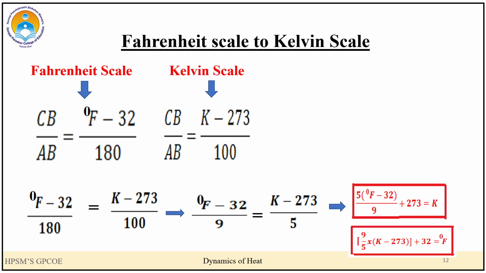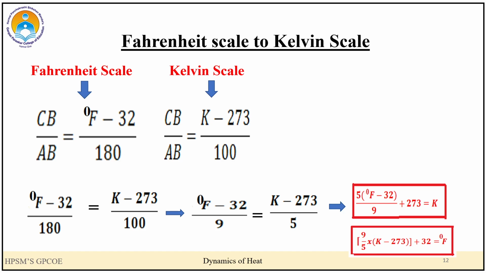Now in the third case, how to convert the Fahrenheit scale to the Kelvin scale? Again, the Fahrenheit scale is given by this formula, CB by AB equals degrees Fahrenheit minus 32 divided by 180. In the Kelvin scale, CB by AB equals K minus 273 divided by 100. When the left hand sides of both scales are equal, we can equate the right hand sides, that is, degrees Fahrenheit minus 32 divided by 180 equals K minus 273 divided by 100.